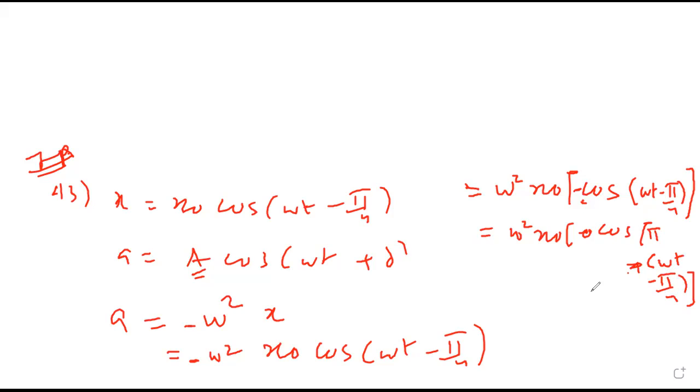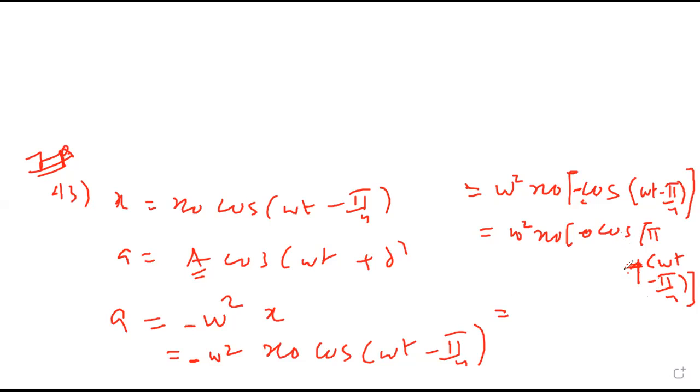So cos of pi plus omega t minus pi by 4. Pi plus theta is in the third quadrant. Hello? Yes, sir. Third quadrant, all silver tea cup, cos remains negative.